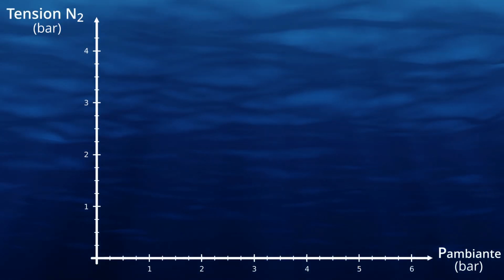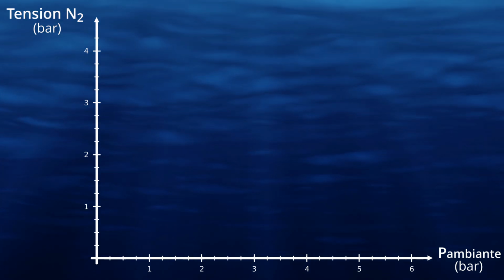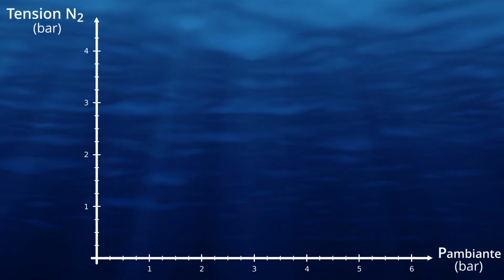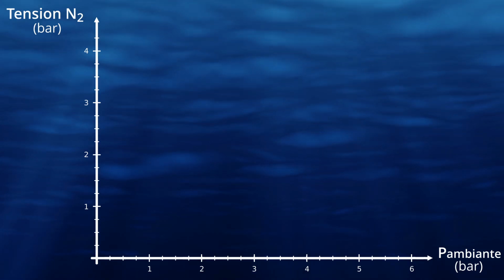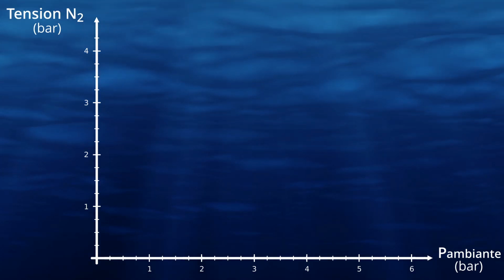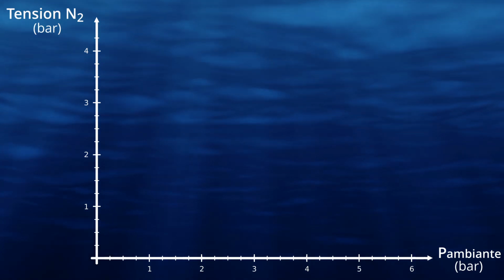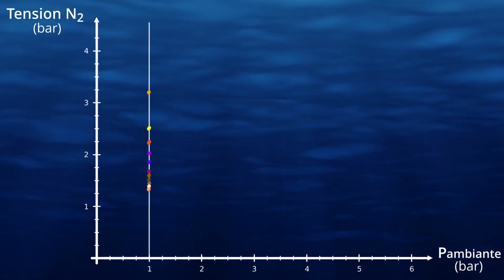Bühlmann used scales in bars, allowing the representation of pressures below atmospheric pressure at sea level, and thus describing altitude-related phenomena. This time, the M values at the surface are no longer represented on the vertical axis, but on a line corresponding to an ambient pressure of 1 bar.